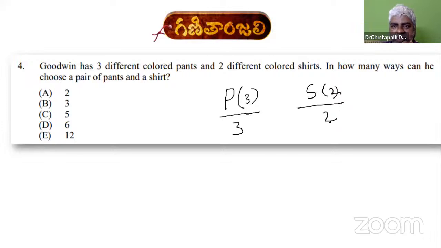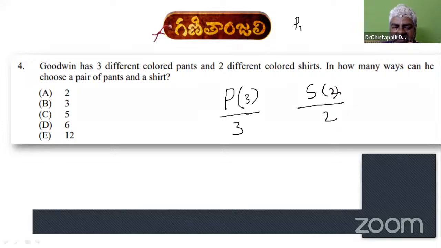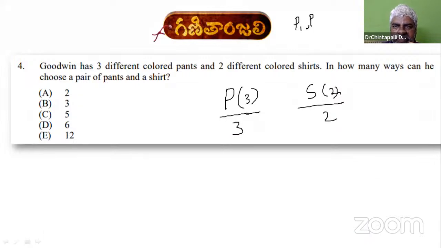More clearly, let those 3 pants be P1, P2, P3, and shirts S1, S2. Tell one combination. P1 S1. Next, P1 S2. Next, P2 S1, P2 S2.